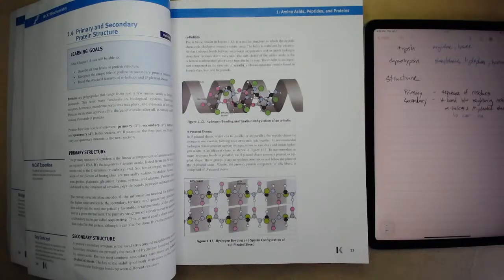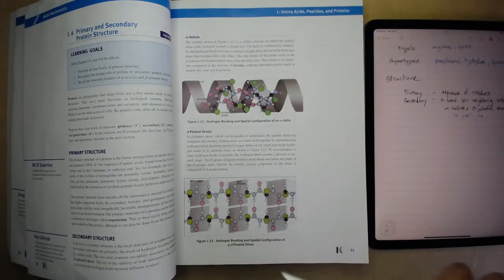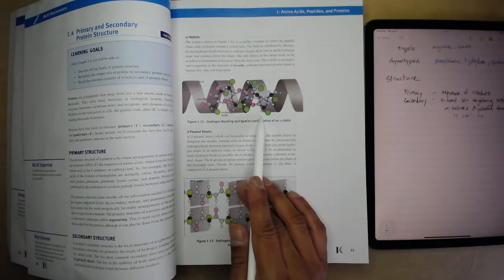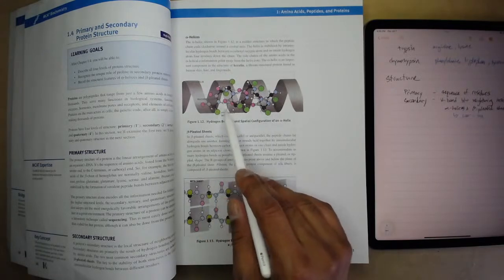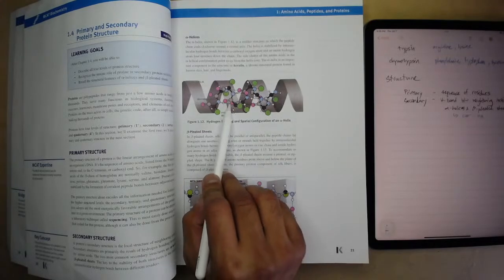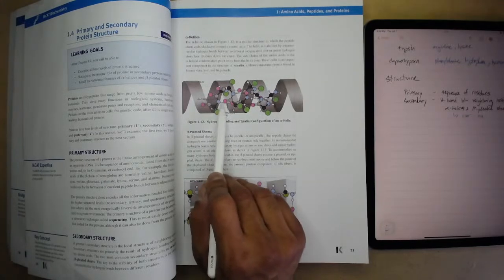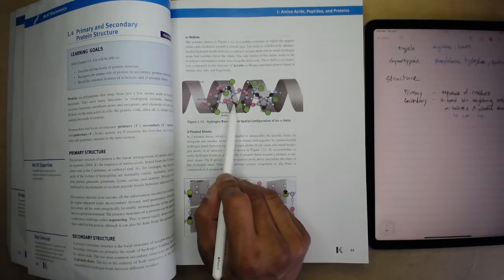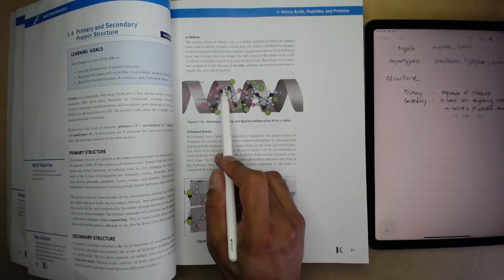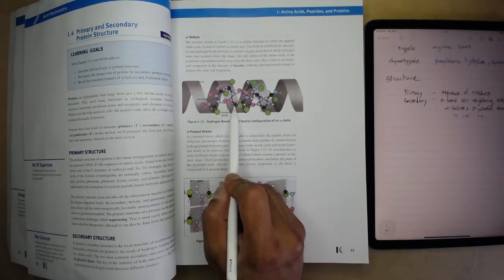Four residues down. This picture isn't great. I'd like to take a look at a 3D picture of that. They show you the hydrogen bond with the dots between, so I guess this would be a carbonyl oxygen and this would be the amide hydrogen. And so 1, 2, 3, 4 peptides down.